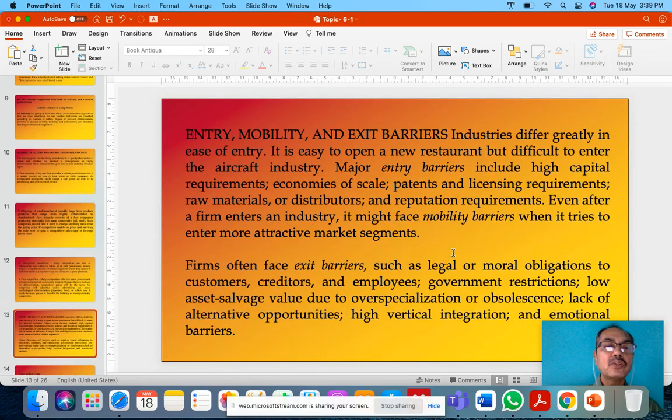Today we are going to discuss another part, that is entry, mobility, and exit barriers, to understand the industry concept. Industries differ greatly in ease of entry.